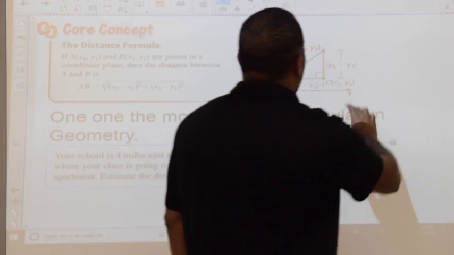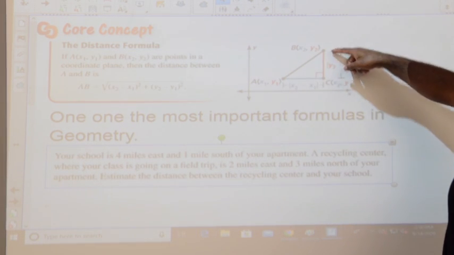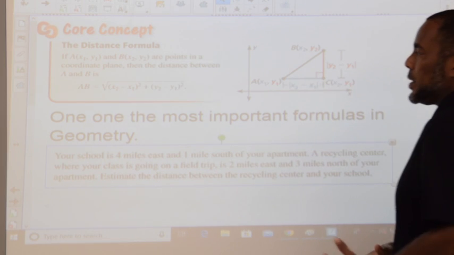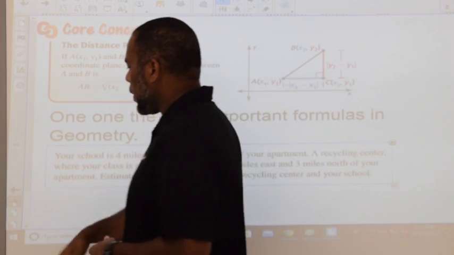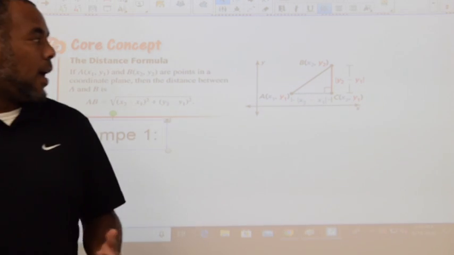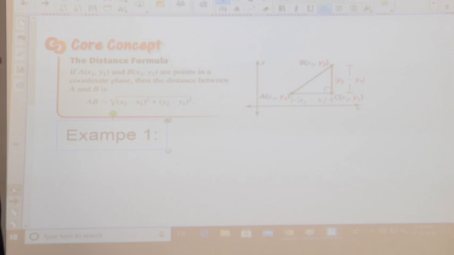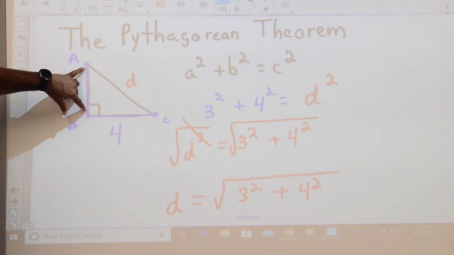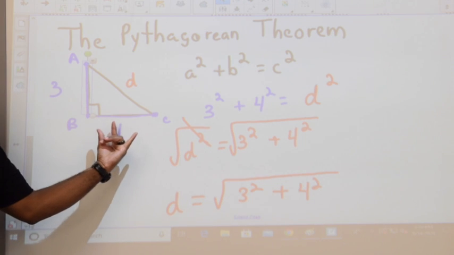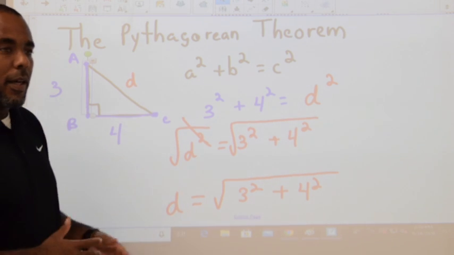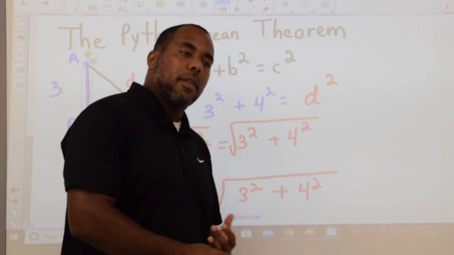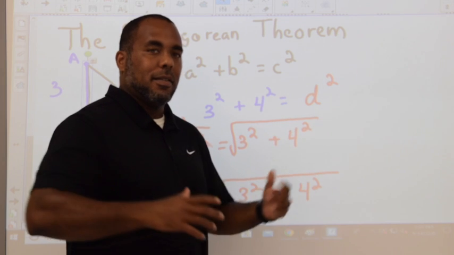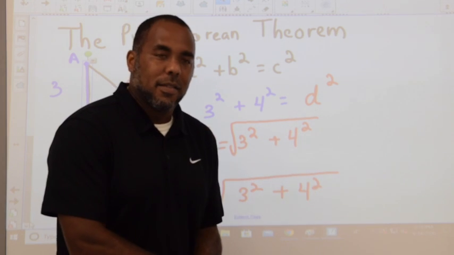How far is it from here to here? It's y2 minus y1. So instead of saying 3 or 4, it's asking me from here to here and from here to here. The Pythagorean theorem is little more than just the distance formula in disguise.